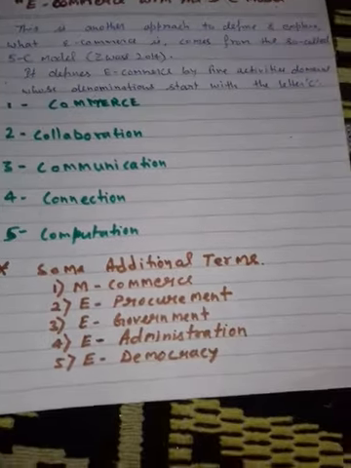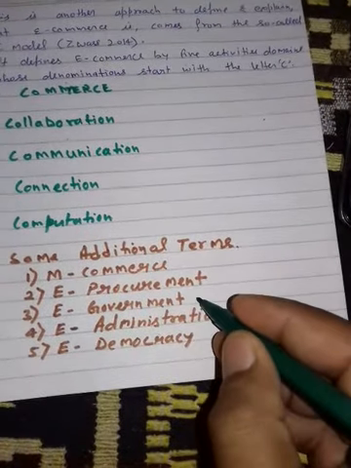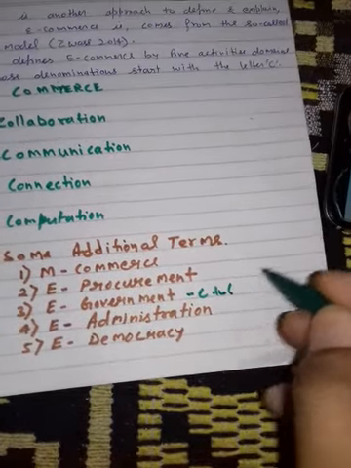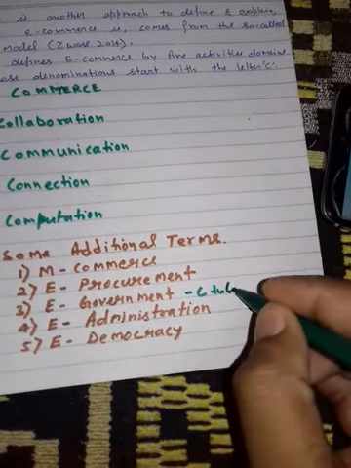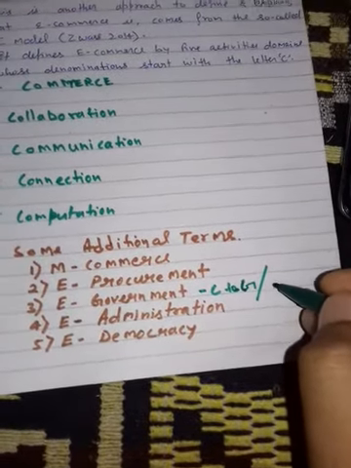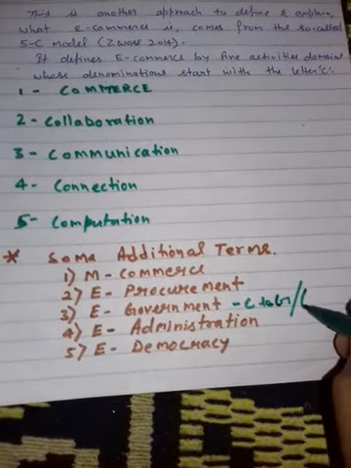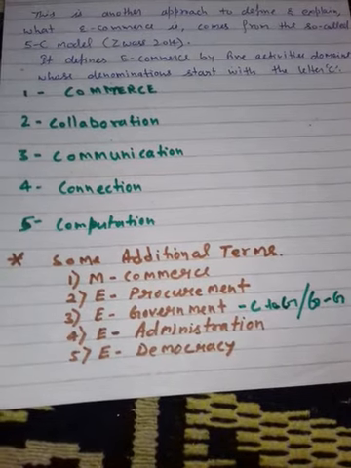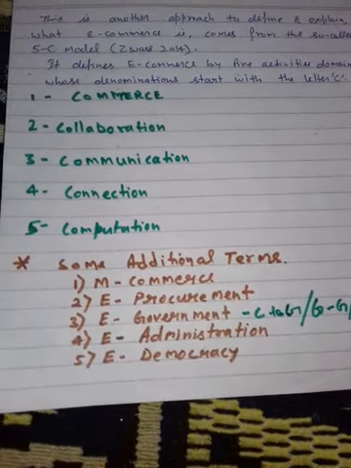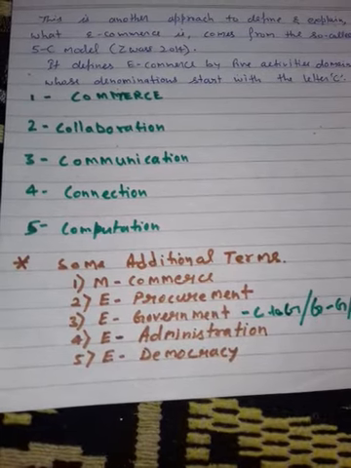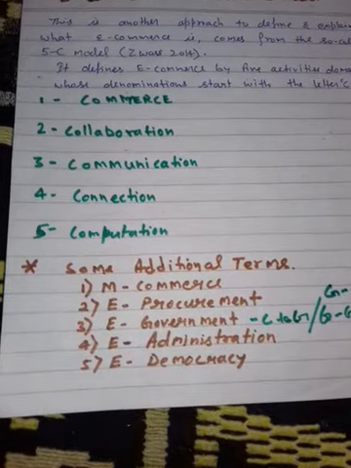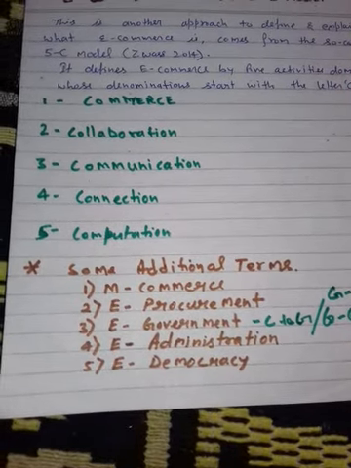So the first thing we use is known as C2G. Another is known as G2G, and another is G2C, and also G2E and G2B.